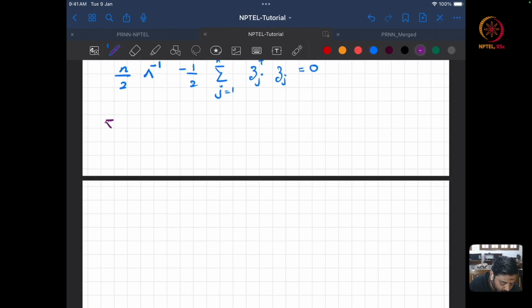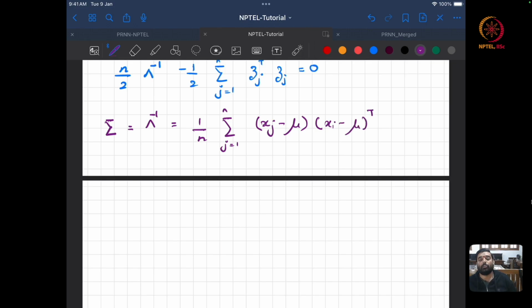Now we know that sigma tilde inverse is the covariance matrix that we had. This is 1 over n summation j is equal to 1 to n of xj minus mu into xj minus mu transpose. This is the outer product.